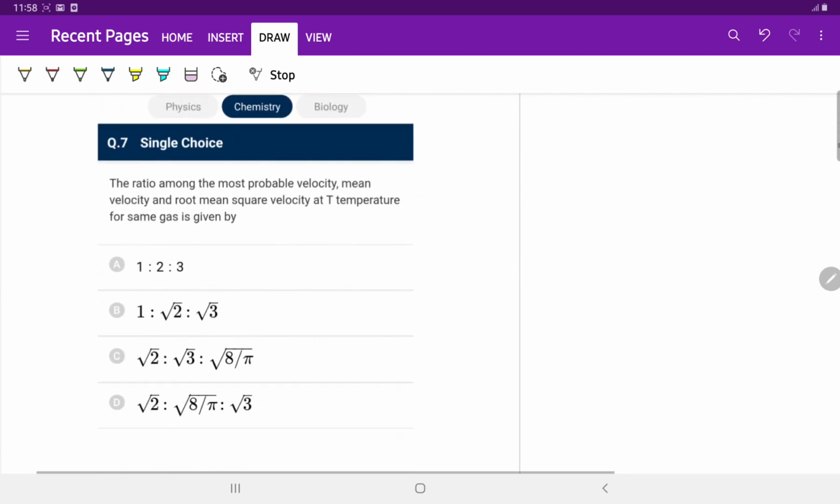Question number 7. The ratio among the most probable velocity, mean velocity and root mean square velocity at temperature T for the same gas is given by U most probable is to U average velocity and root mean square velocity.